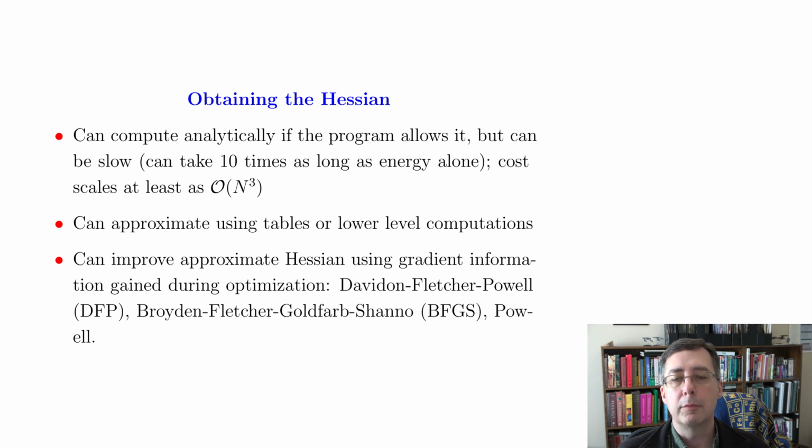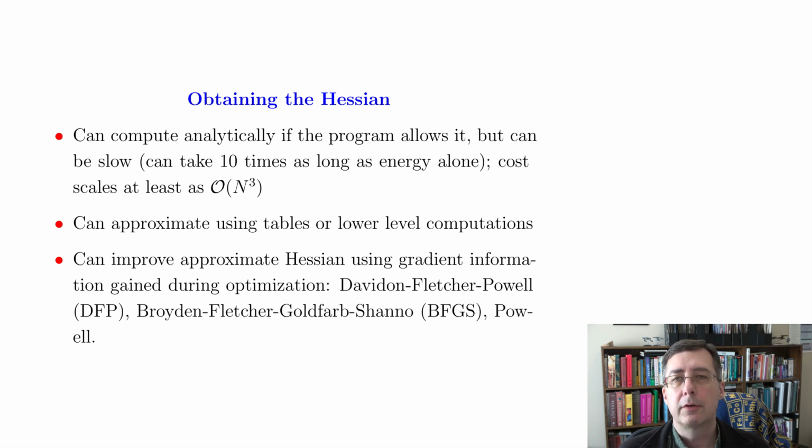If you're doing quantum, you can imagine computing the second derivative of that energy with respect to pairs of nuclear displacements could be very, very costly. And in fact, the scaling is on the order of n cubed, where n is the number of atoms. So this is a pretty costly calculation.